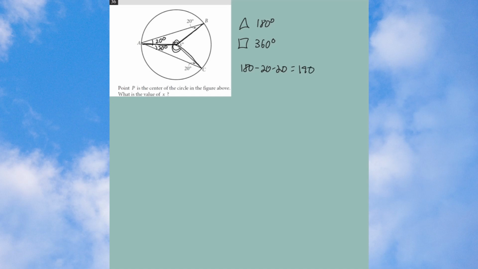Now, if we want to get the full angle of P on this side, we would have to multiply 140 by 2, which is 280, but we're looking for x. We know that that side of P that we just solved for is 280, so we do 360 minus 280, and that results in 80. So x is equal to 80 degrees.